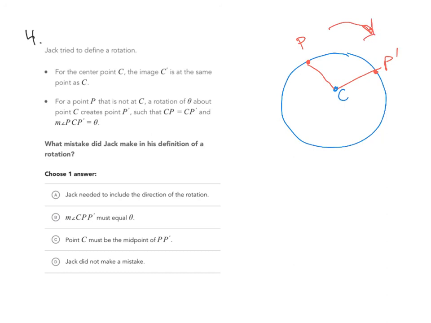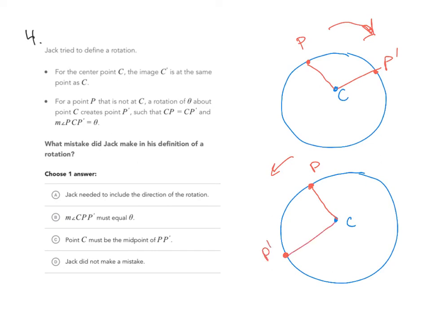However, I could have the same circle and point P, and if it was going counterclockwise, the same amount of degrees, we're going to pretend like this is the same degrees over here, it does create a different spot. So the direction of rotation is important. So we should put that Jack needed to include the direction of rotation.